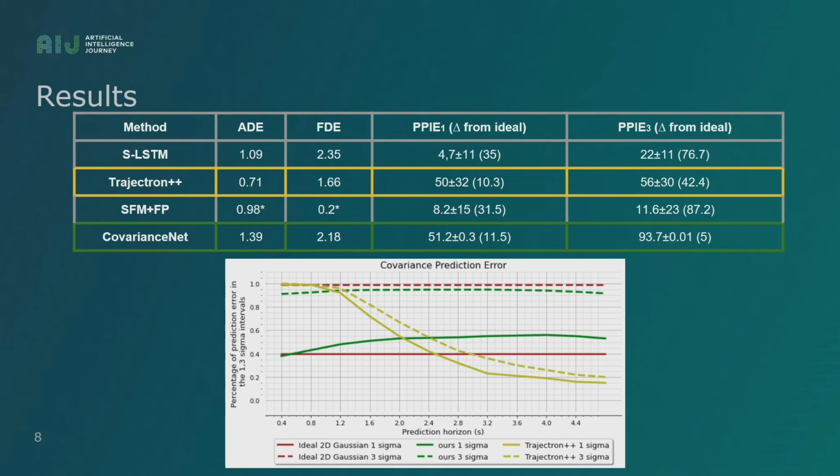And below, there's the graph of the distribution step by step for the matches, where the dotted line shows the 3 sigma values, and the solid line shows the 1 sigma distribution. In brown, we can see the normal distribution, and yellow and green are the results of Trajectron and our approach.